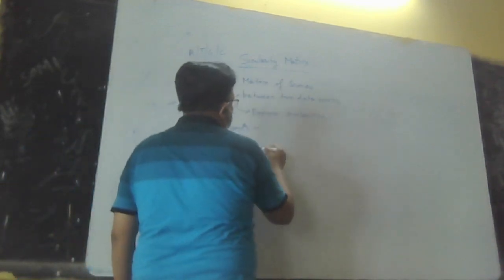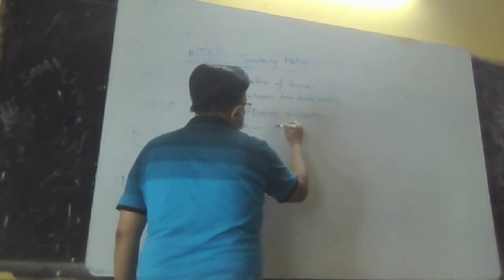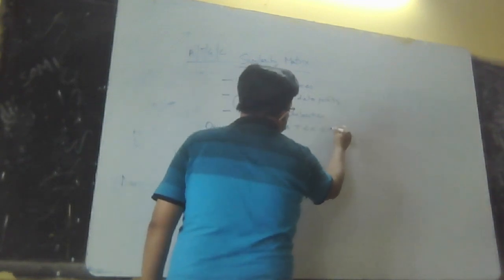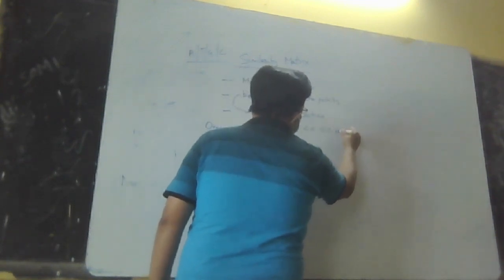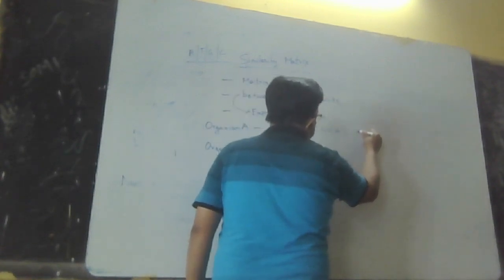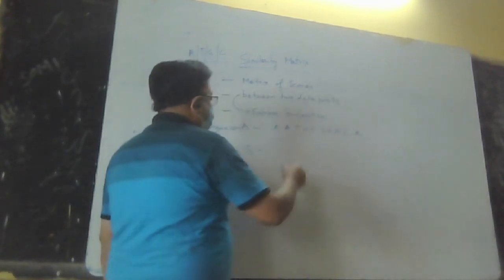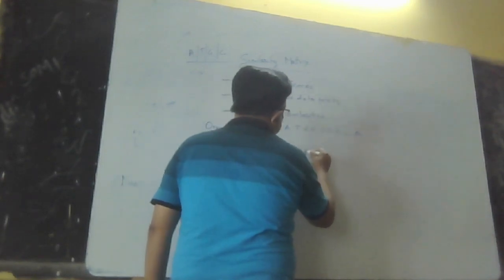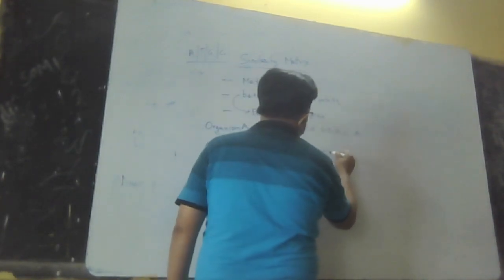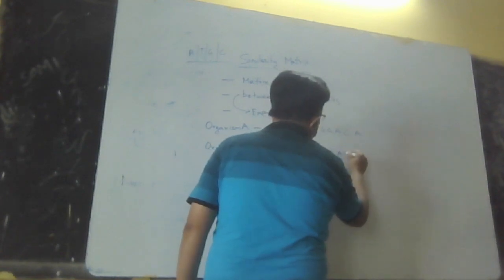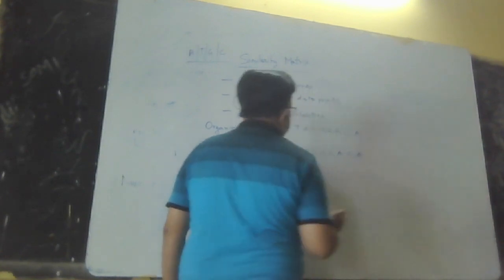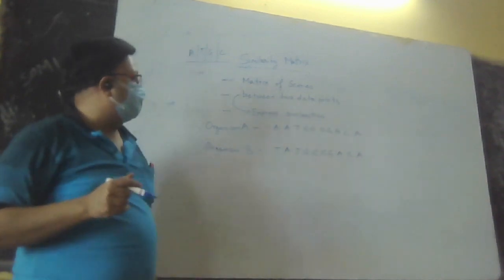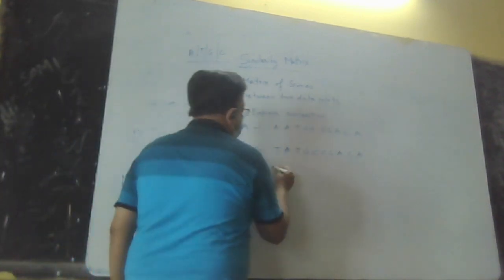So organism A, say, has a sequence of A, T, C, G, G, A, C, A. Organism B has, say, T, A, T, G, C, G, A, C, A. Now you are drawing it in a matrix. What is the similarity?